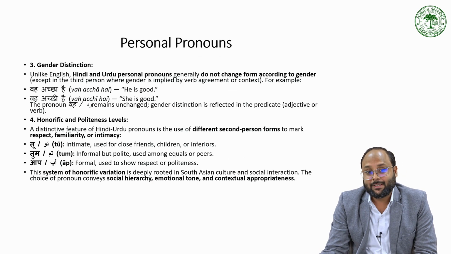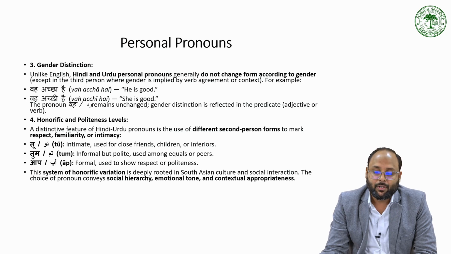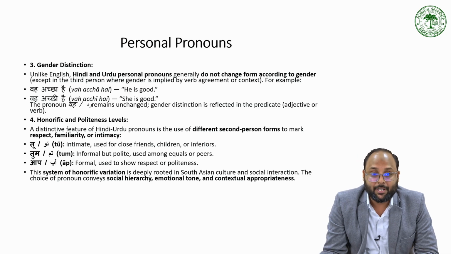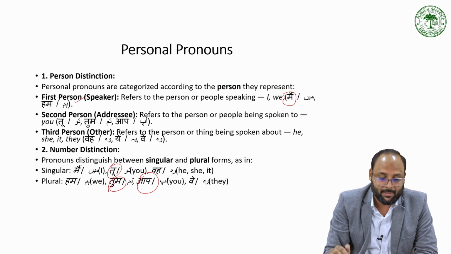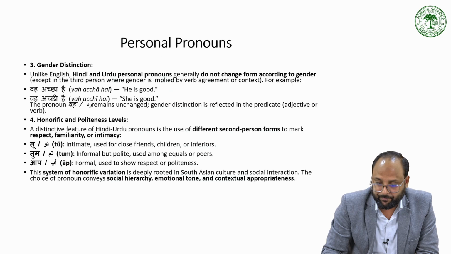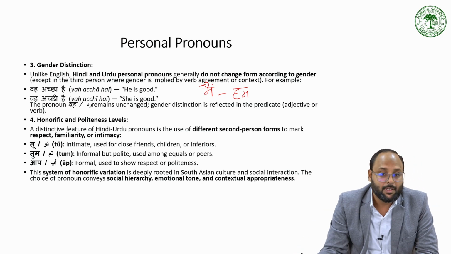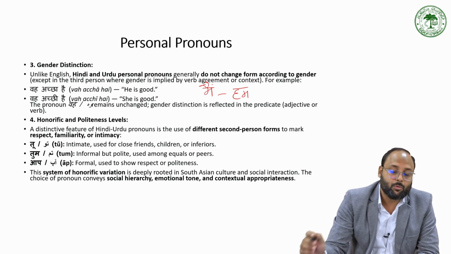And the third thing is gender distinction. We are not using a separate pronoun in Urdu for gender distinction. For person distinction and number distinction we use separate pronouns, like मैं changes into hum, singular first person and plural first person.